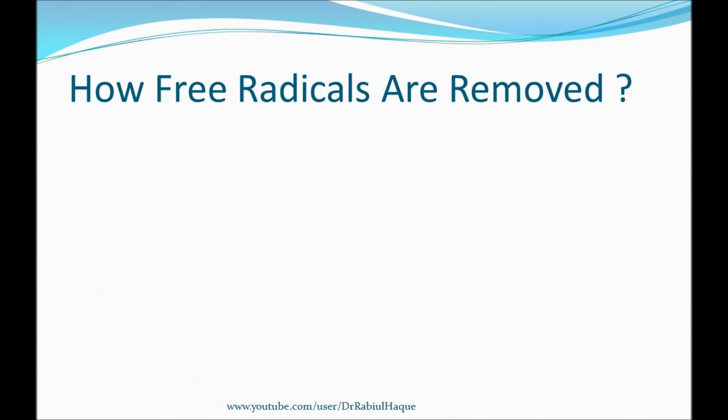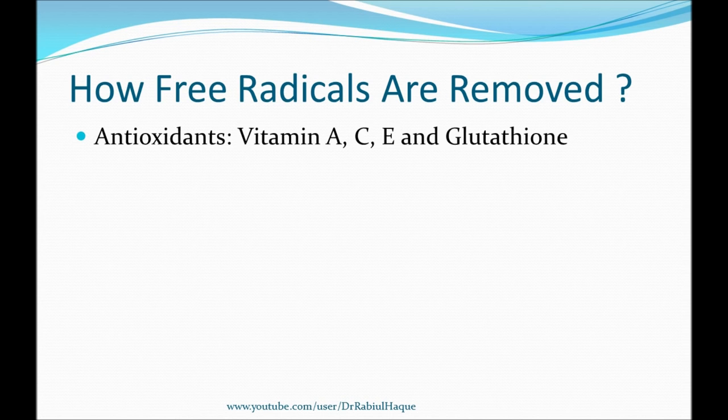Always remember, since free radicals are unstable, they can decay spontaneously. At the same time, our body has developed many enzymatic as well as non-enzymatic mechanisms to remove free radicals, and they involve the following mechanisms. The first way to remove free radicals is through antioxidants. Vitamin A, vitamin E, and ascorbic acid, or vitamin C, are important vitamins that have antioxidant properties.